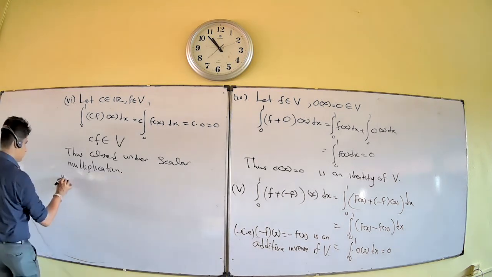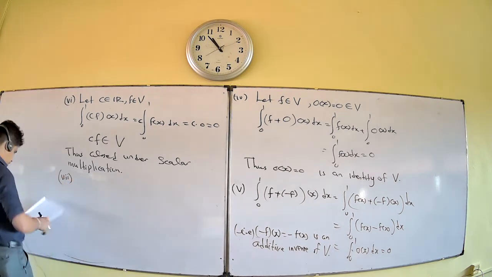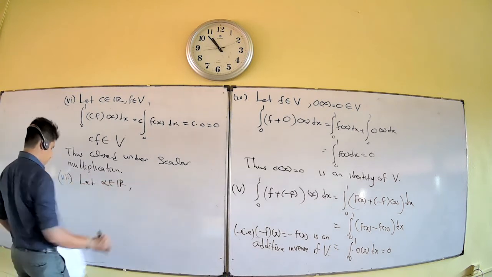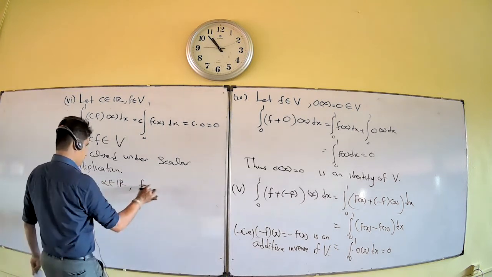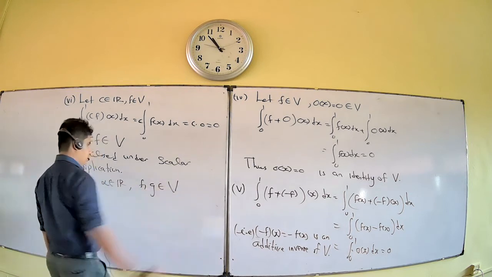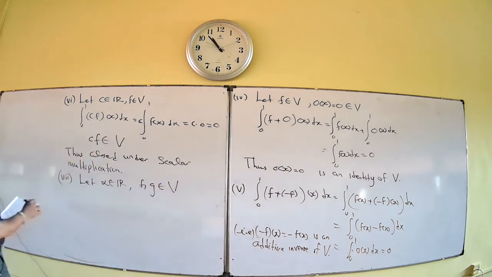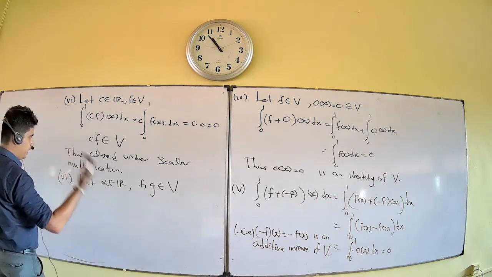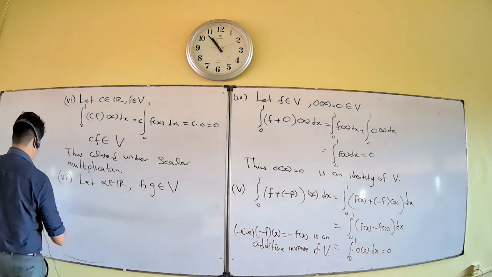Axiom number 7. Let alpha belong to real numbers, f comma g in B. So these f and g are satisfying that condition: the integral from 0 to 1 of f(x) dx is 0, and the integral from 0 to 1 of g(x) dx also 0. You remember that one.